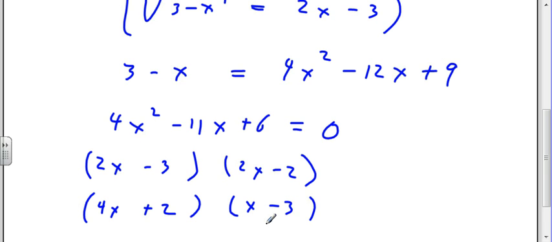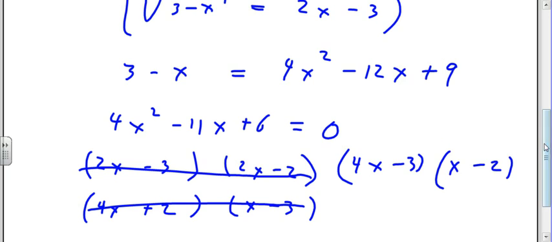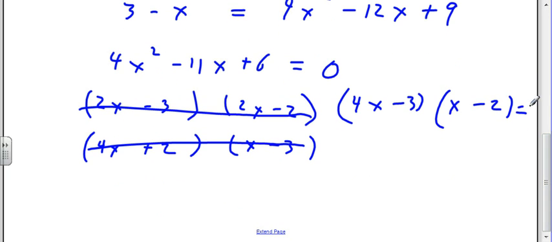You sure this factors? What does it factor as? 4x minus 3 and x minus 2. Oh, okay, so there's 8 plus 11. Excellent, so we factored it, equals 0.